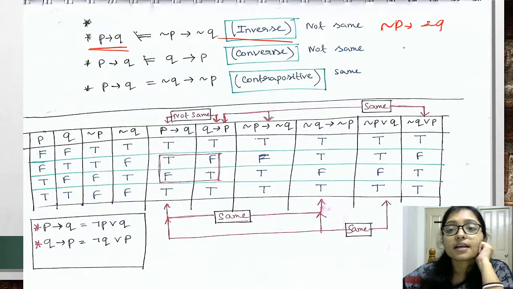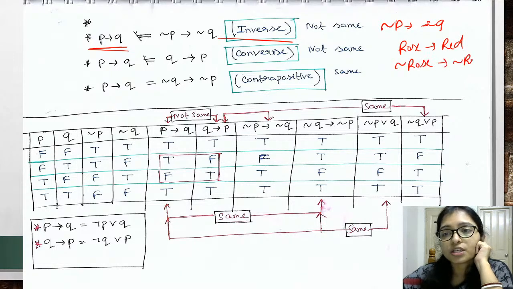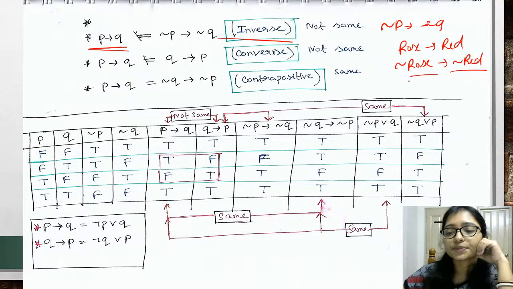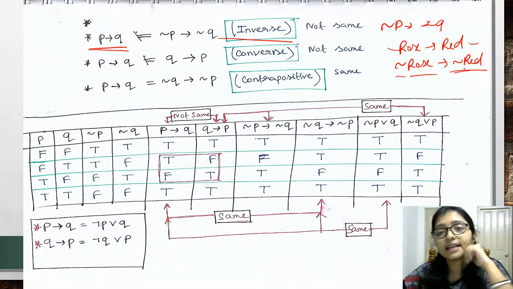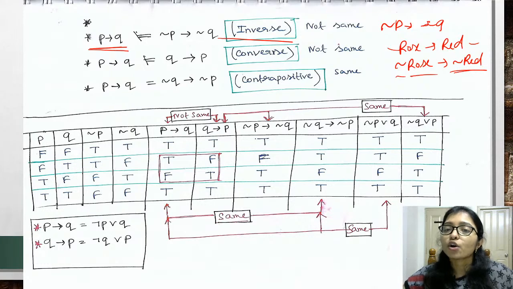Rose implies red. Rose implies red, we can say that, right? But can we say not rose implies not red? No, because that is the inverse. That's why both are not the same.